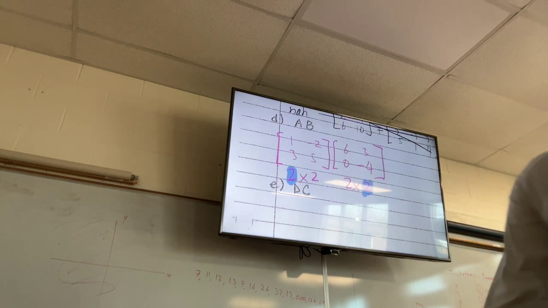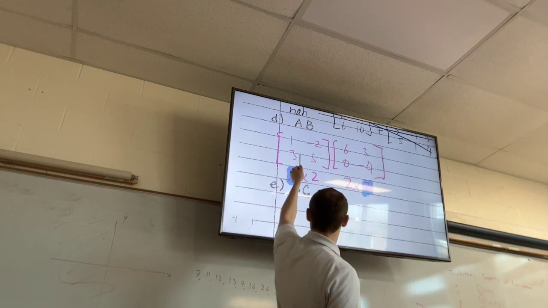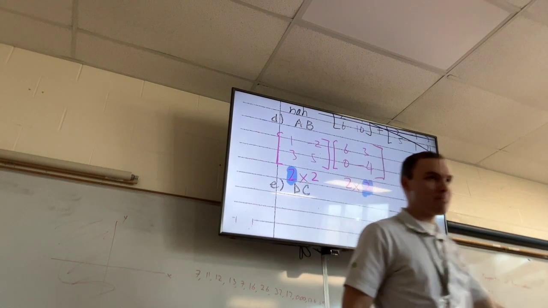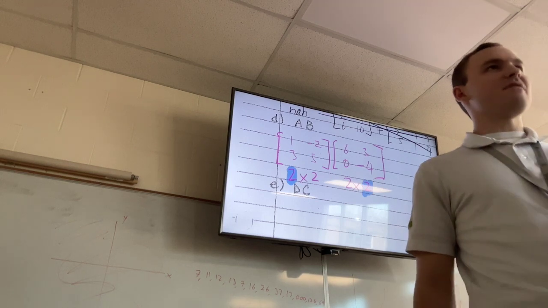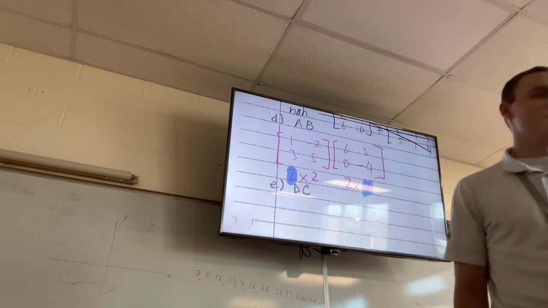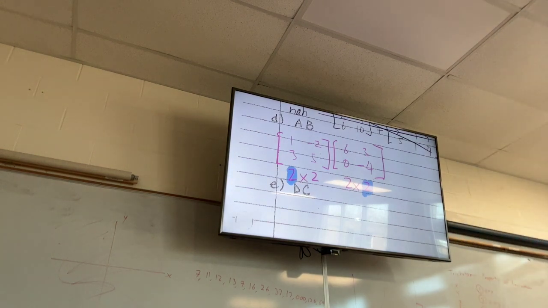So the number of columns in A has to be the same as the number of rows in B. You don't divide matrices. You do what's called multiplying by the inverse.